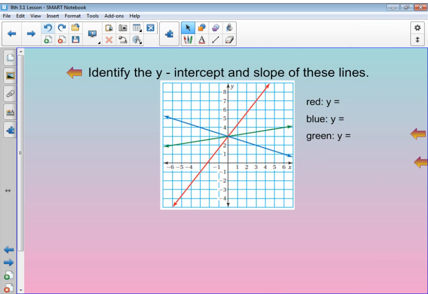Okay, so this is your letter C that you guys have. So when we go through and we do our letter C, we'll notice that, once again, it's the same concept that we're gonna go through and do. So we're gonna go ahead and find our slope and our y-intercepts.